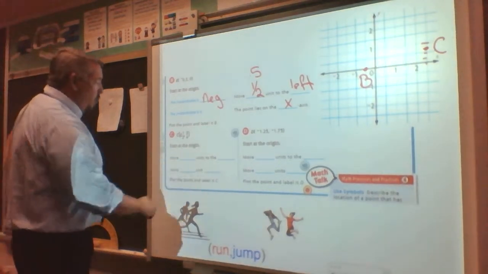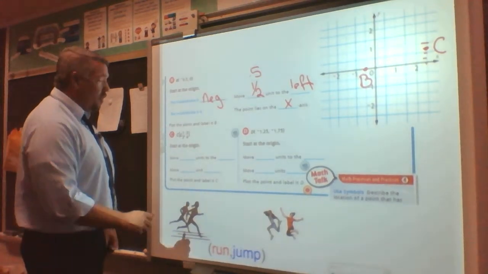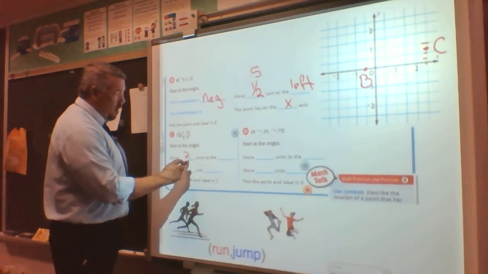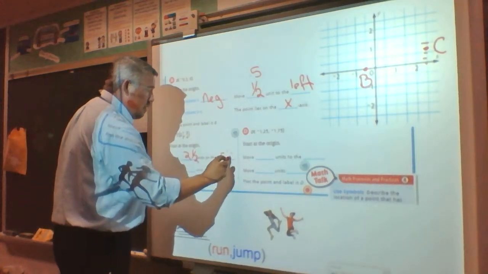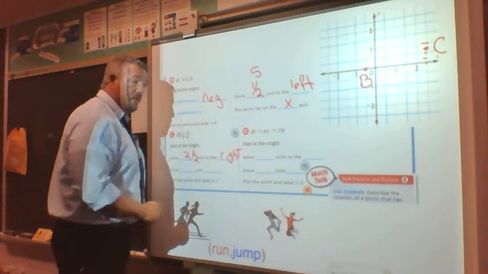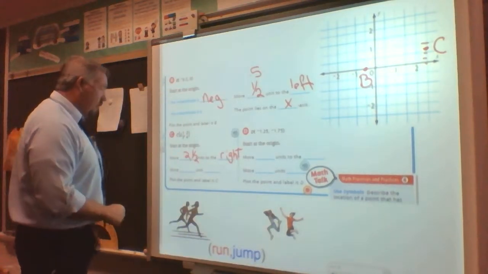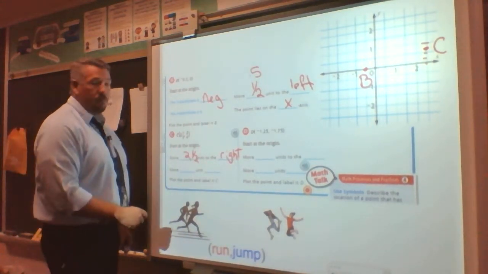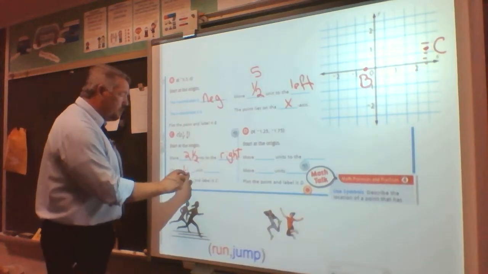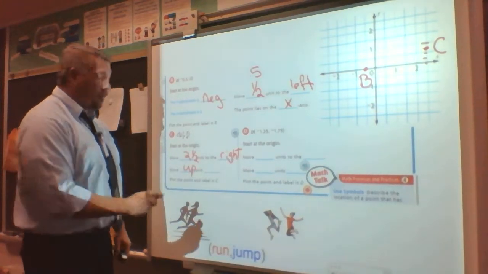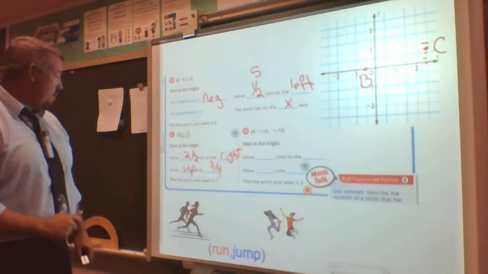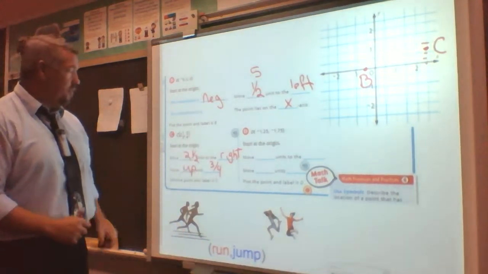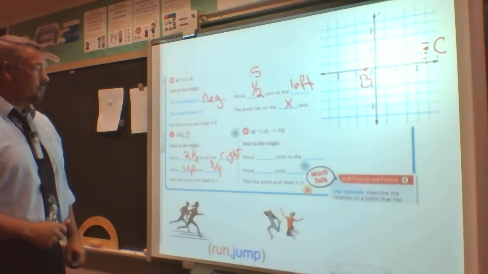It says to start at the origin, I'm going to move 2 1/2 units to the right. Why? Because it was a positive number. And I'm going to move up 3/4 units because it's a positive number as well.